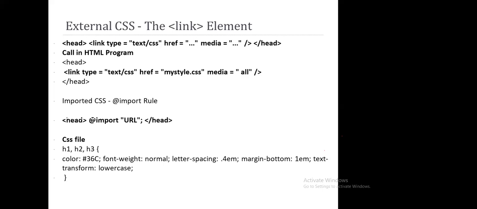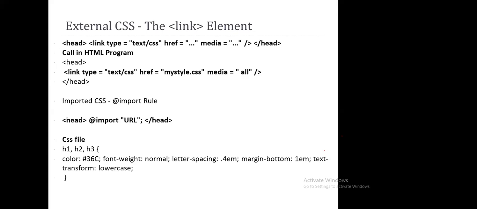So why external CSS, guys? When you write internal CSS, it is only used for that page. But with external CSS, you can easily copy it and give it to your friend. Second, it can easily be called in any of the pages.